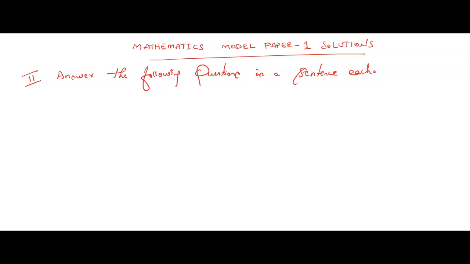Dear students, in my today's video I am going to cover your second main of model paper number 1. Here I will be going to show you exactly how you are supposed to answer the following question, and also some related areas I am going to cover. Children, this information is very important, and you should know the strategy and the logic of how to attend the given question.